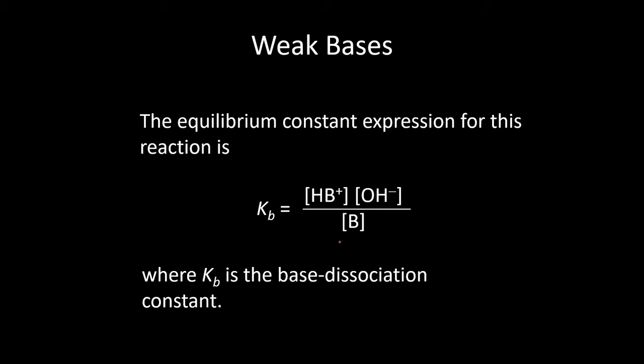So instead of having an acid on the bottom, we have the base. Instead of having the conjugate base on top, we have the conjugate acid. And instead of H plus, we have OH minus. But other than just plugging in base stuff instead of acid stuff, it's the exact same equilibrium. The algebra is not going to be any more difficult for bases than it was for acids.